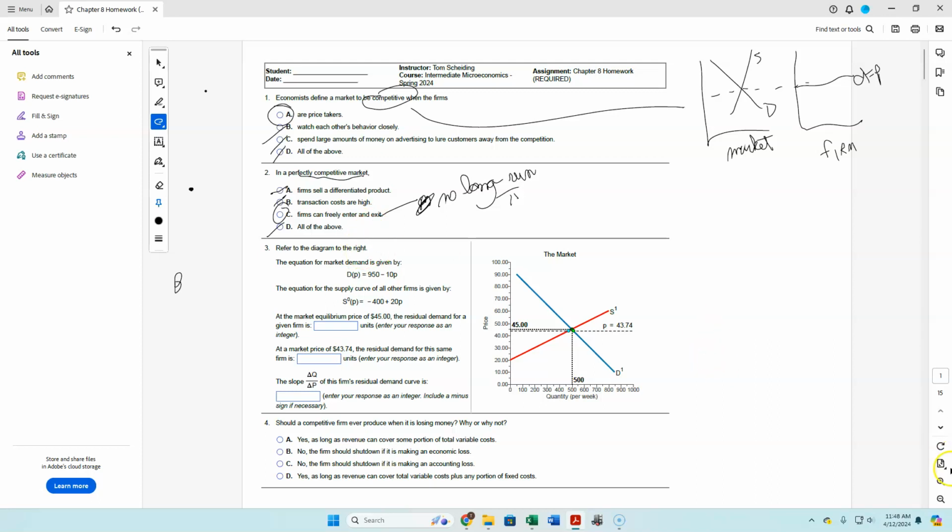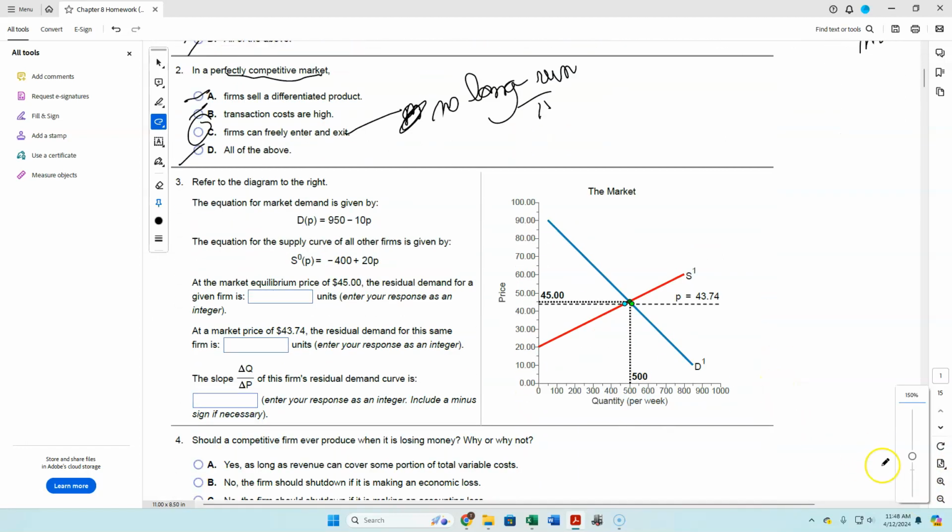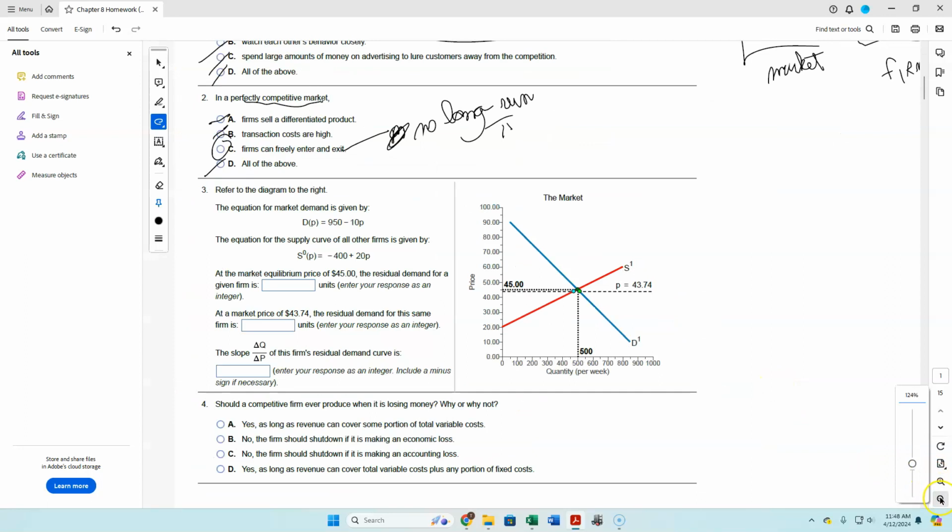Okay, let's make this a little bit bigger here so things are even a little bit more clear. Let's take this down one notch. Okay, so now we're going to look at a market where we're given a demand function, we're given a supply function, and we have a market equilibrium of $45.